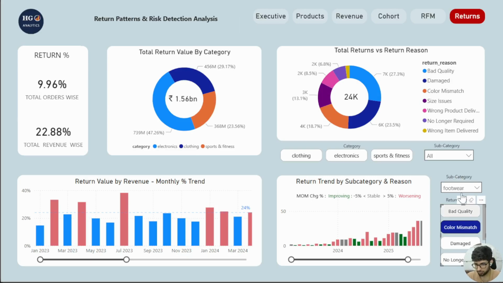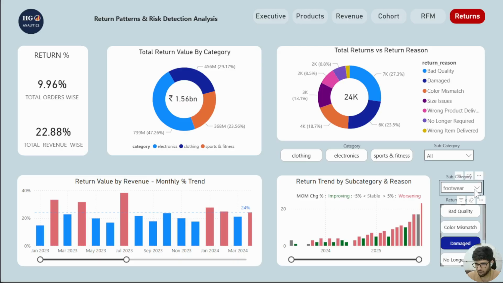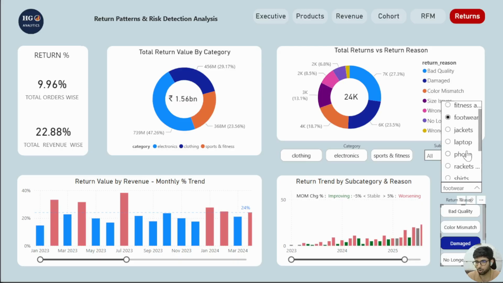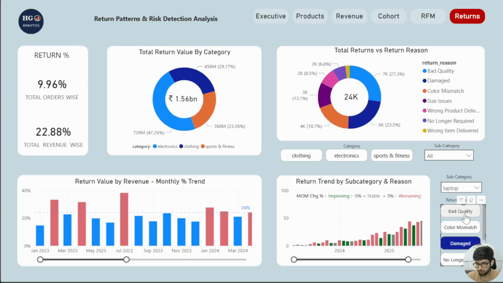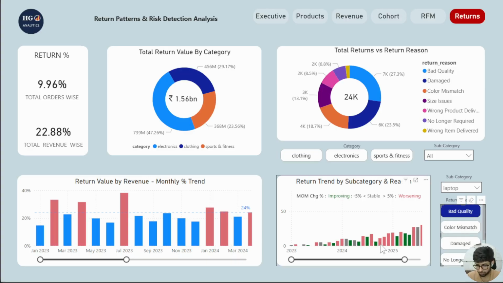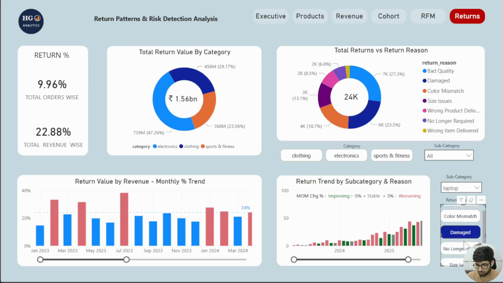We can check this for the footwear, for color mismatch or damage. You can see how deep the granularity I have gone into this. For laptops you can check the month on month return rate. For bad quality it was fine, then it was very bad from October 2024 to January 2025, and I think the same for damaged.